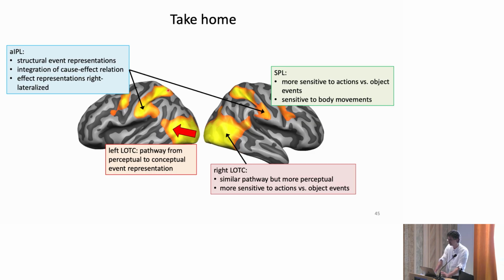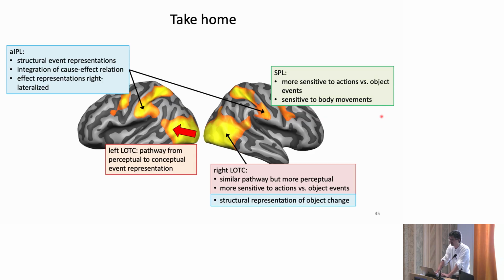We have also seen that it is possible to disentangle the interaction between entities, that is a type of contact, from the effect, that is the induced object change, for example, a change in location or shape. And we have seen that the effect representations are strongly right lateralized, not only in AIPL, but actually also in the LOTC. However, in LOTC, this seems to capture more just the state change of an object.